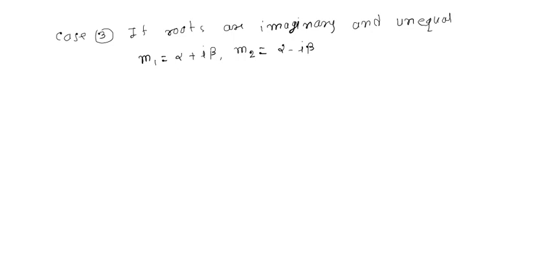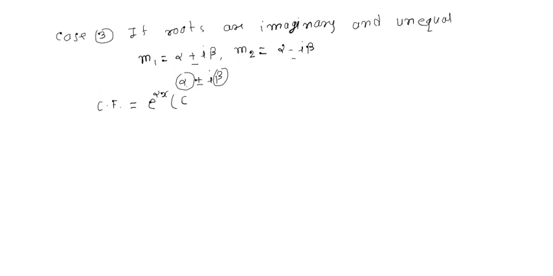So see here there are two roots, alpha plus i beta and alpha minus i beta, but both roots are complex conjugates, meaning here is positive and here is negative, so it is called complex conjugate roots. So always complex conjugate roots are present. We can write this as alpha plus or minus i beta. Here this is the real part, this is the imaginary part. So for this, e raised to the real part: alpha is the real part, so put alpha times the independent variable x in bracket.